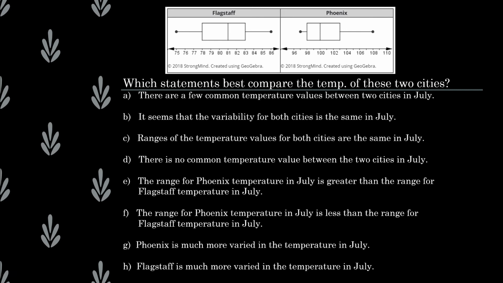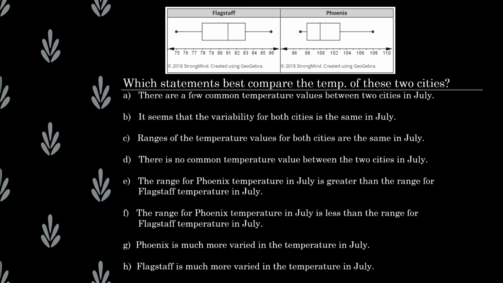Alrighty, we want to know which statements best compare the daily temperatures in the two cities. Select 3 that apply. Alrighty, so we have Flagstaff and Phoenix again. So the median for Phoenix is definitely higher, but I don't see necessarily anything regarding medians.